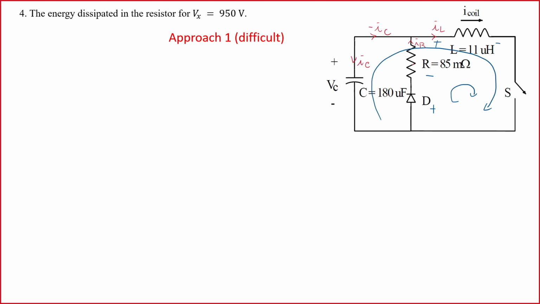Q equals V I T. Is it correct, teacher? V times I times T, time. Well, you can use this formulation. So let's say VR, IR, and time.